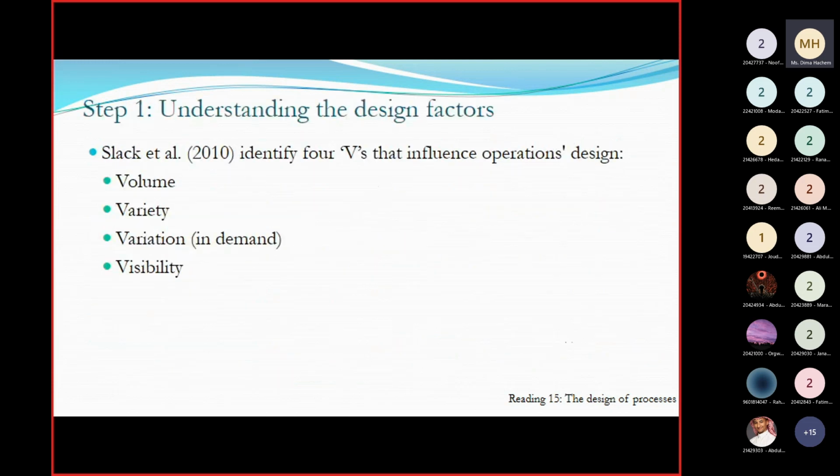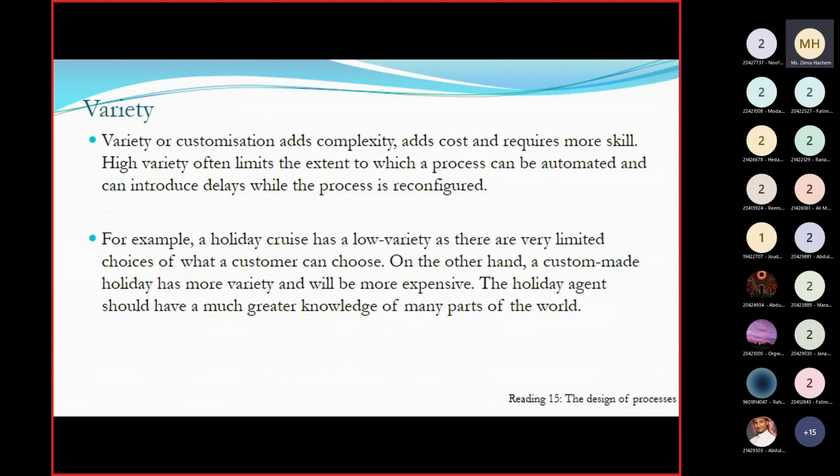So these 4, we call them the 4 V's of operation, and they influence how I will make the process design, how I decide to design my process. If I know that the customer is going to see my process, I will design it in a different way than if the customer is not going to see anything.